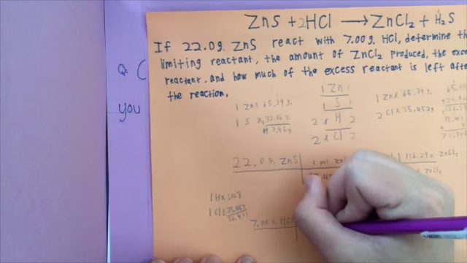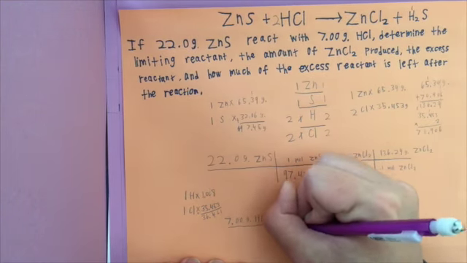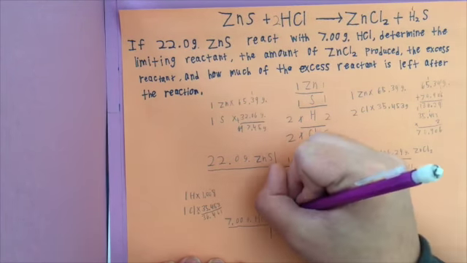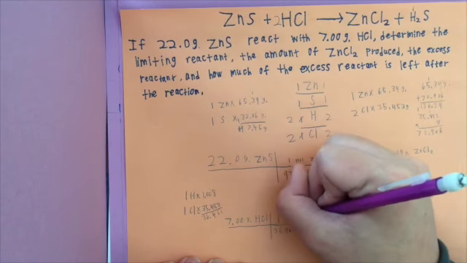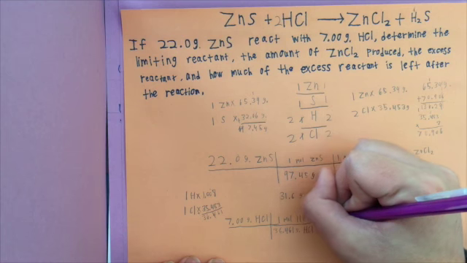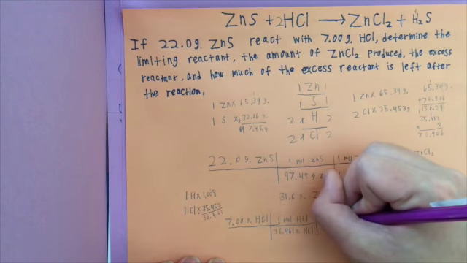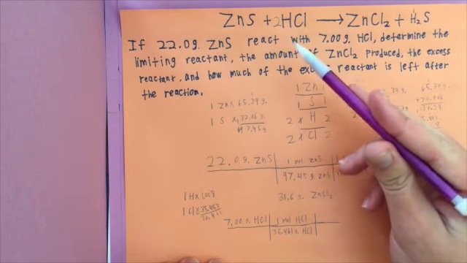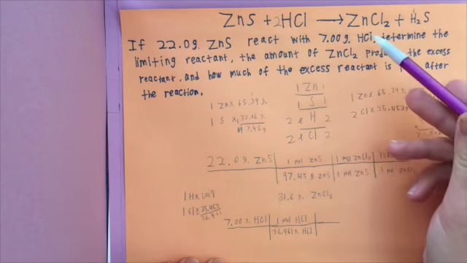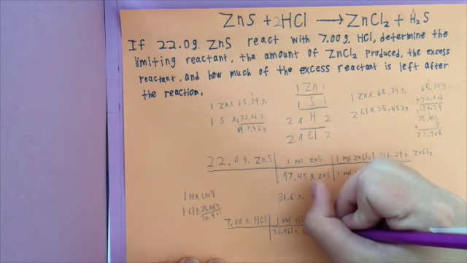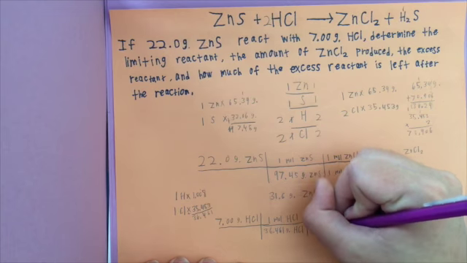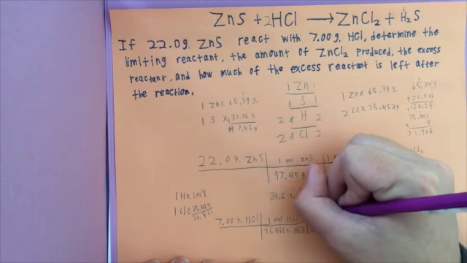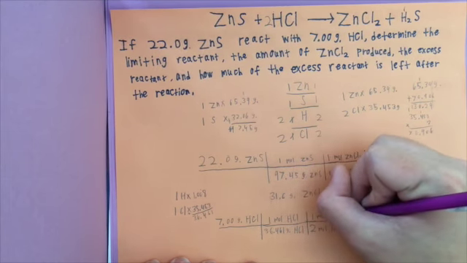So we will put that down here. 36.461 grams of hydrochloric acid will give you 1 mole of hydrochloric acid. So now we have to convert this using the mole ratio. In our equation above, 2 moles of hydrochloric acid will produce 1 mole of zinc chloride. So on the bottom here, we will have 2 moles of hydrochloric acid, which gives you 1 mole of zinc chloride.